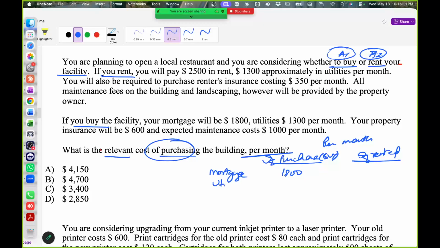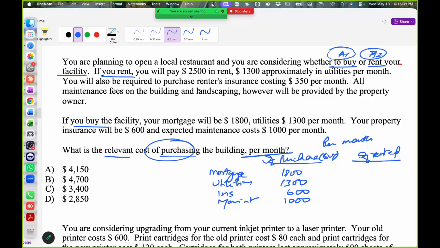Then utilities 1,300, insurance 600, maintenance 1,000.